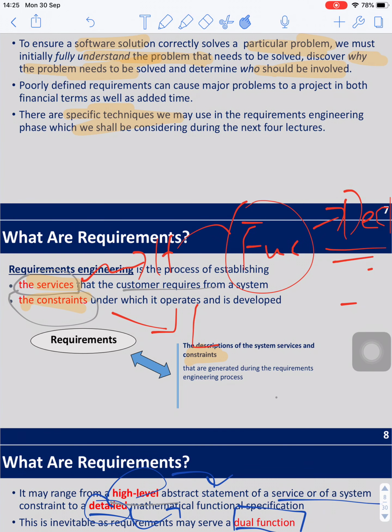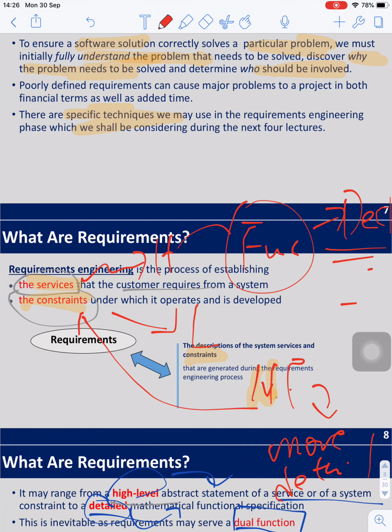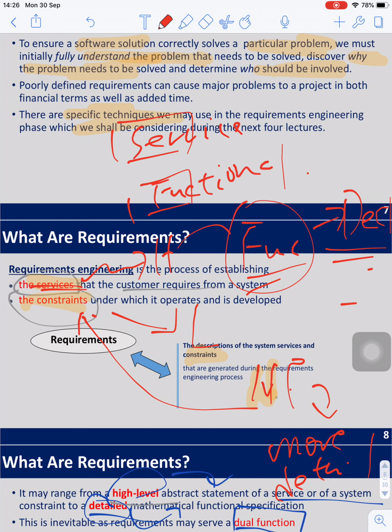Non-functional must be more detailed, I think. The non-functional is more detailed about the constraint, but services are higher level. This is services, and this is the functional, and this is the non-functional. I think this is much more clear.